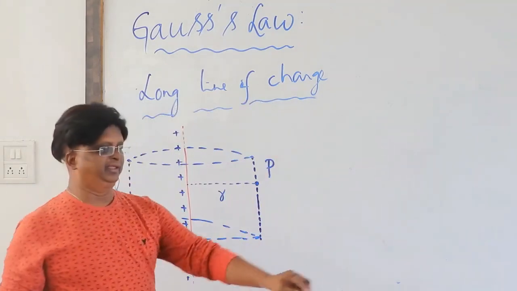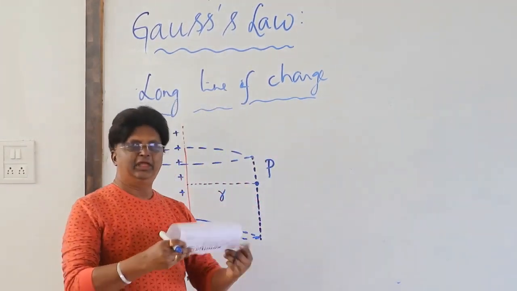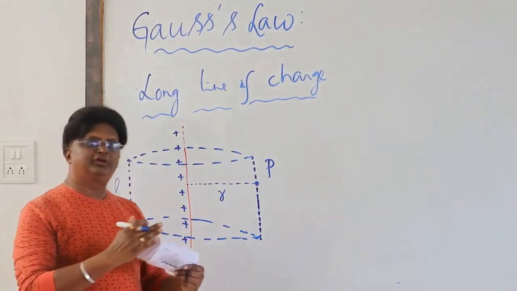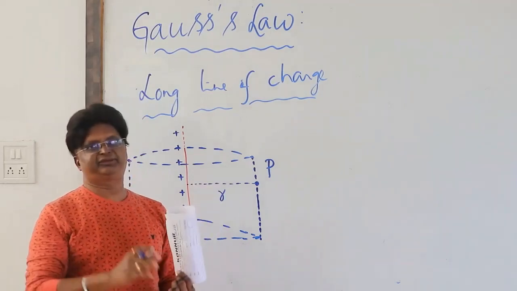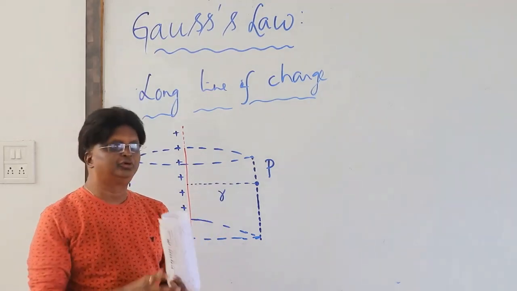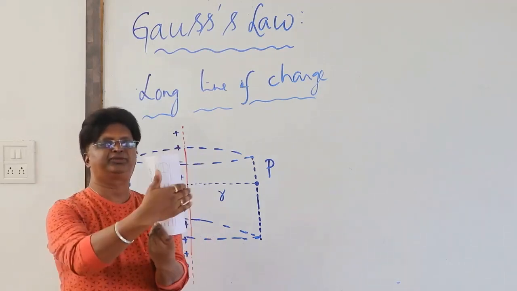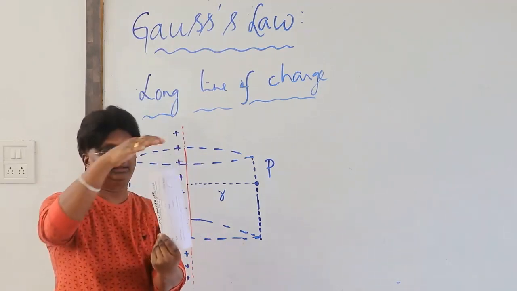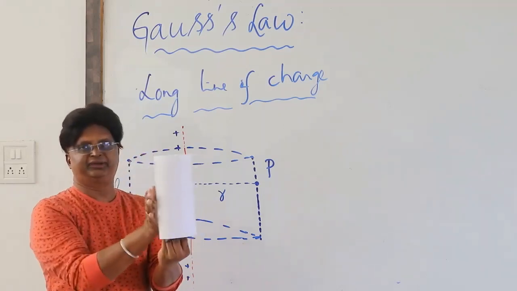Now, see, I have shown you this is the Gaussian surface. Now, when you look at this Gaussian surface, you will find two types of surfaces, I said. What are those two types of surfaces? See, this is a cylinder. When you consider, this is one curved surface.